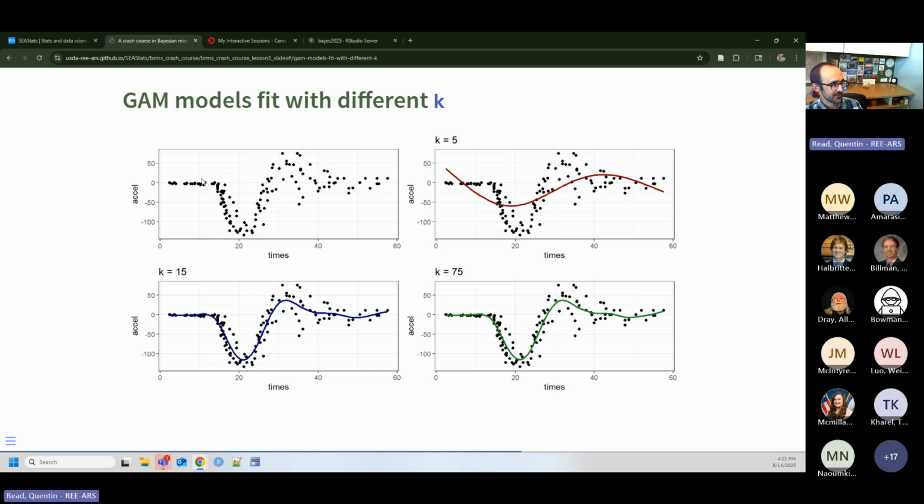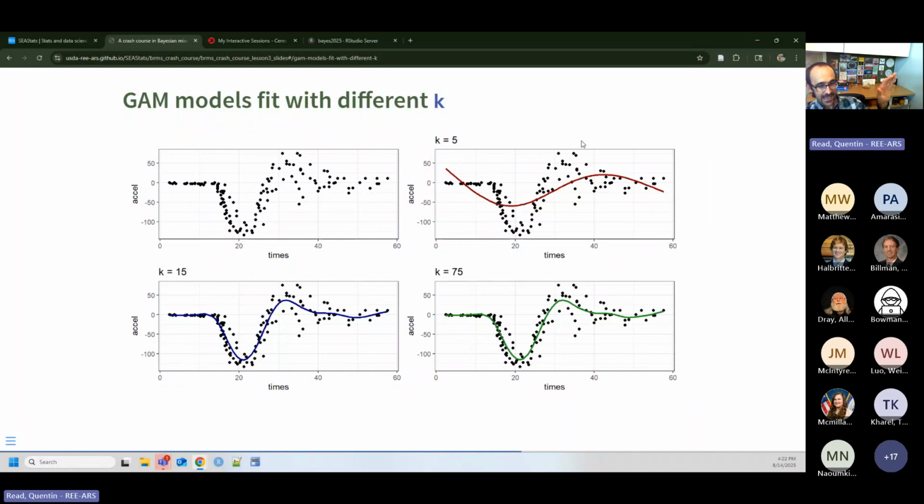This is data from a crash test dummy accelerometer, where the dummy was in a car or motorcycle crash, and it suddenly decelerates when the crash happens, then whips back and accelerates again before it finally stops. So it's not linear. It's sort of flat, goes down, goes up, goes down, and is flat.